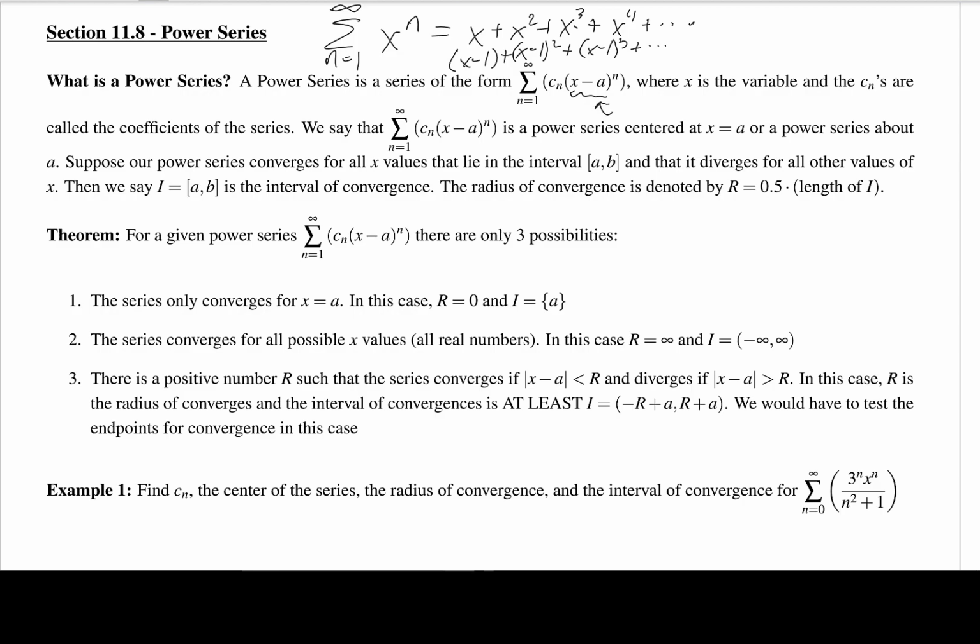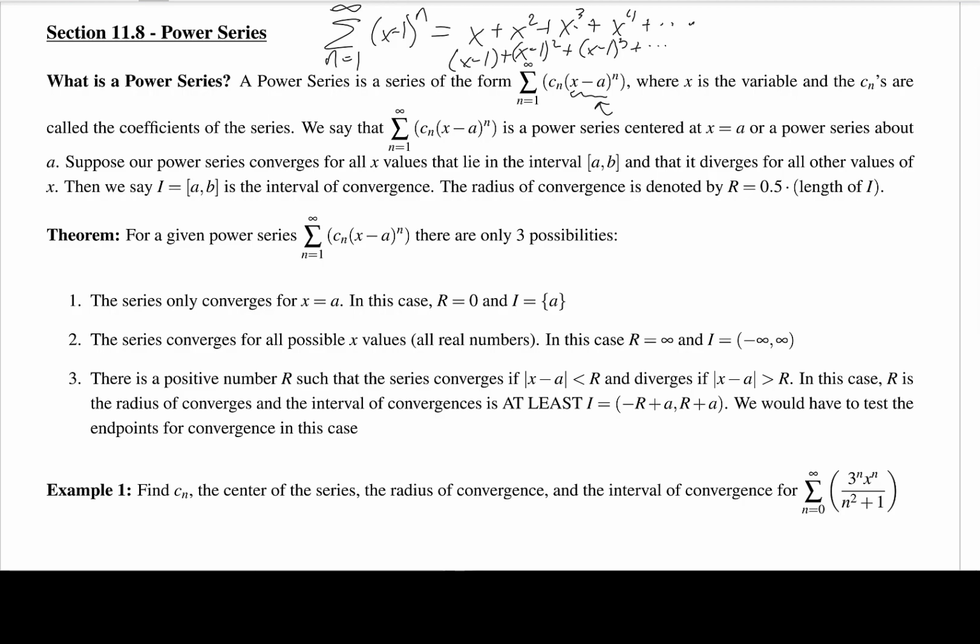And that a value, we either say that we're centering our power series at x equals a, or that this is a power series about a. So if I want it to look like that, it would be x minus 1 to the n.